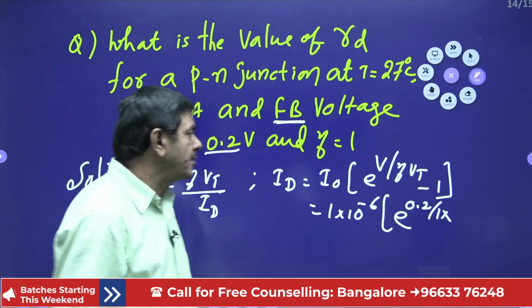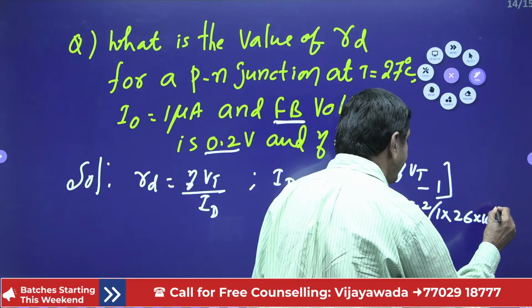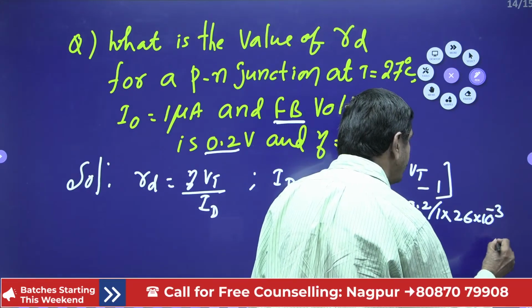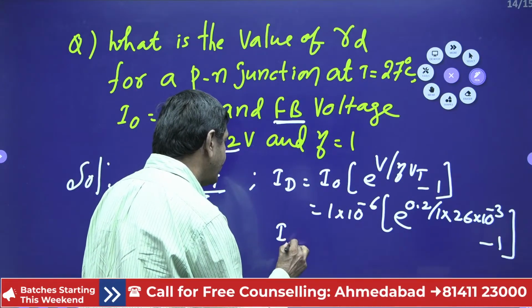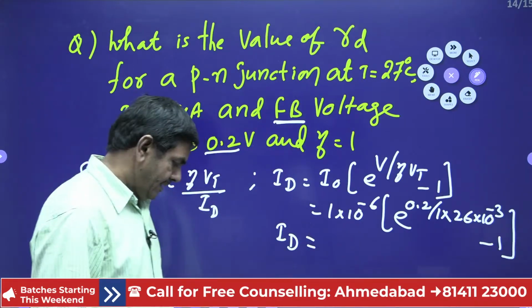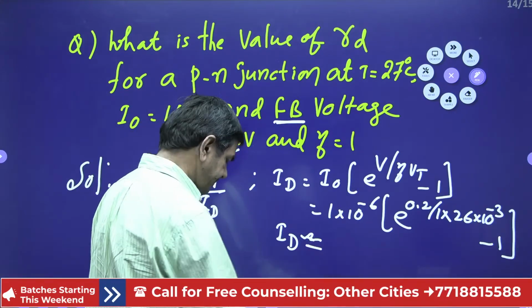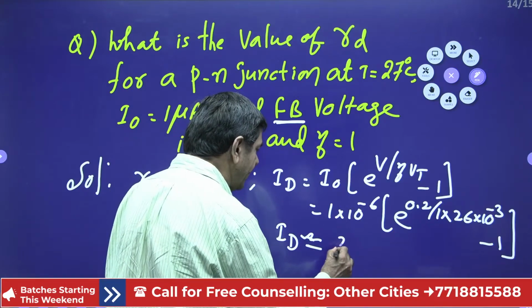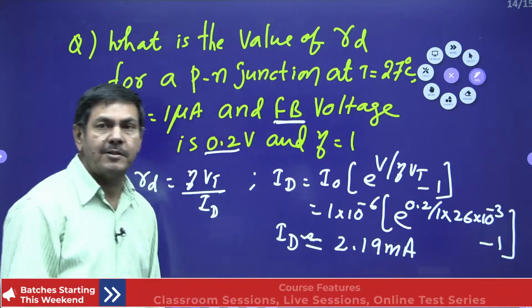Room temperature means we know its value, 26 millivolts. I can write 26 milli, minus 1. Use a calculator and you will get the diode current directly. The diode current comes as approximately 2.19 milliamperes.